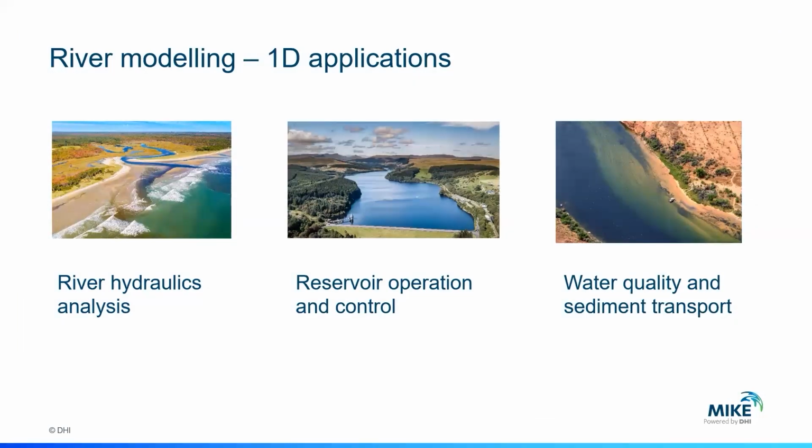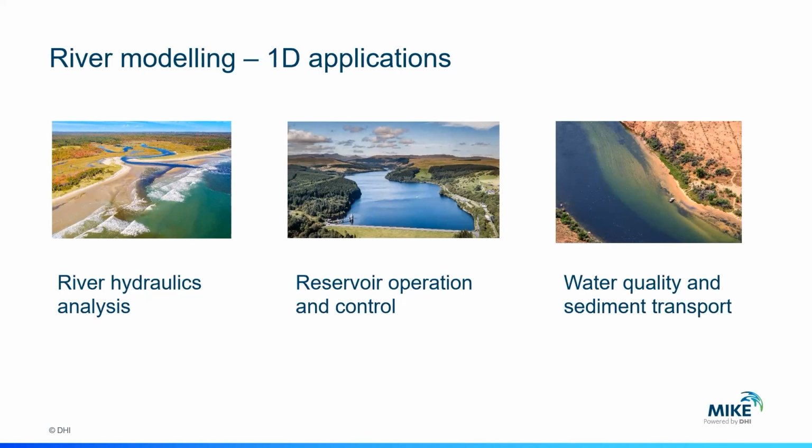For river systems modeling in the 1D component, we can look at the functionalities that Mike Plus offers in terms of river hydraulic analysis, reservoir operation and control, and also water quality and sediment transport processes.